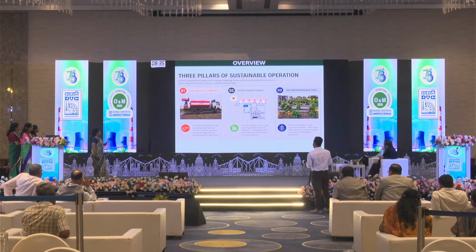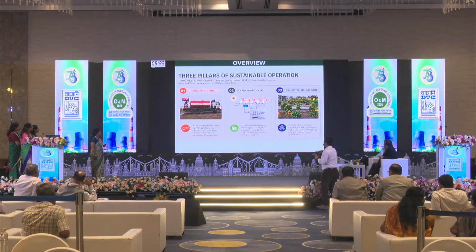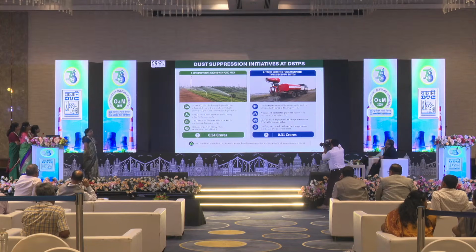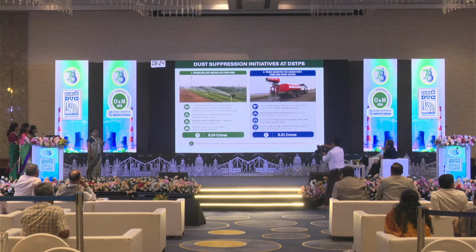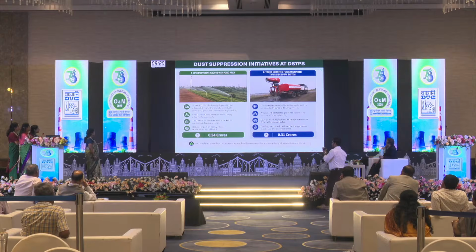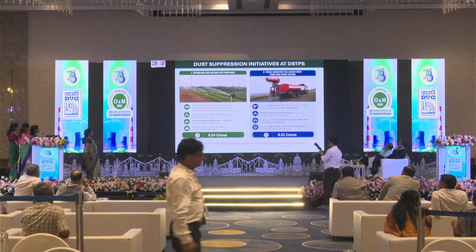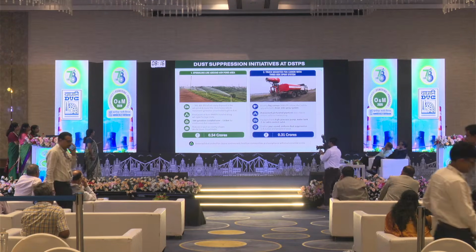So let us move to the fugitive dust control system. These are the systems implemented at DSTPS. The first one is the sprinkling line around the ash pond area. At DSTPS there are two ash ponds. Around 300 to 400 tons per hour of ash slurry is deposited in the ash pond, and heavy vehicles move on a regular basis.